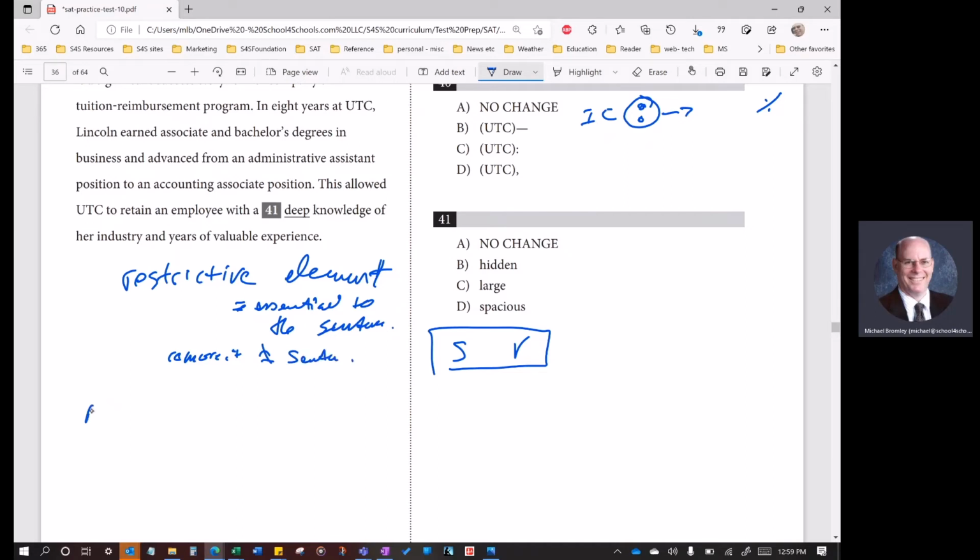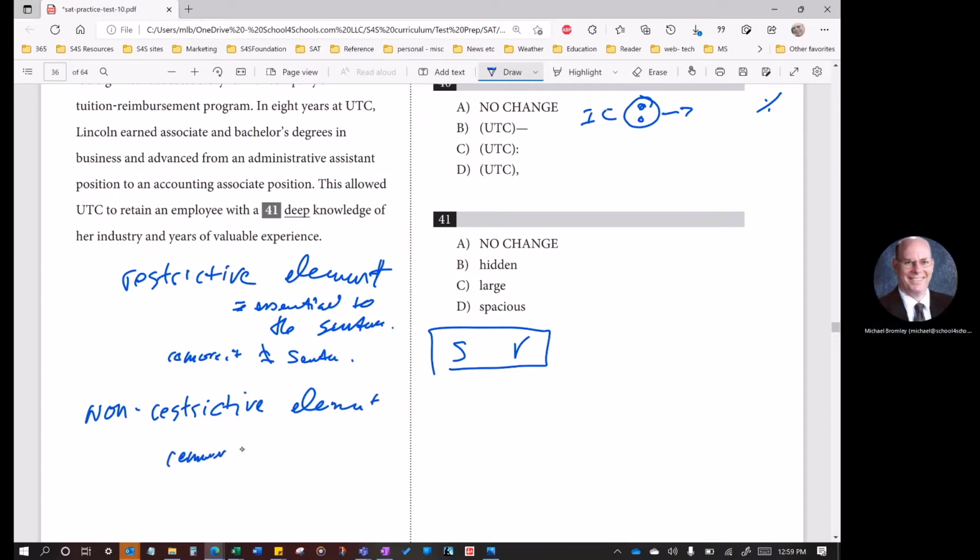Okay. A non-restrictive element, if you remove it, it's okay. The sentence doesn't change that much. So it's not essential to the sentence.